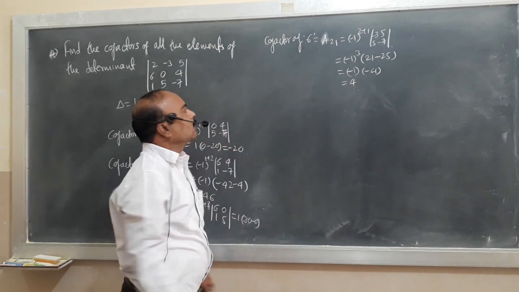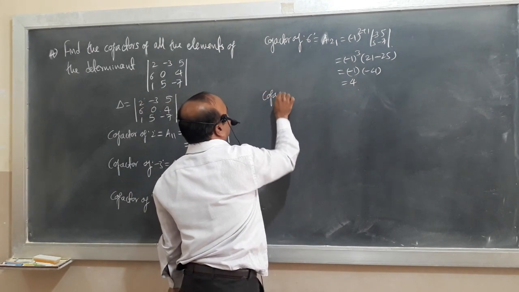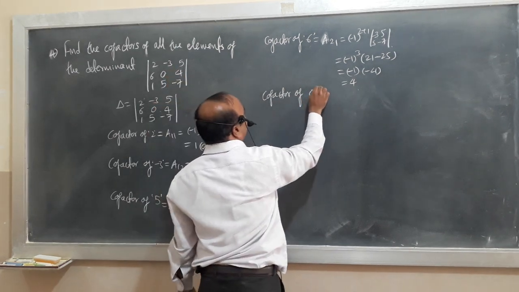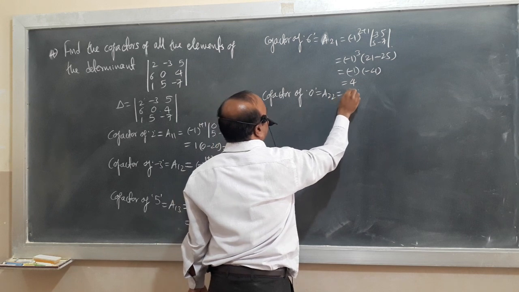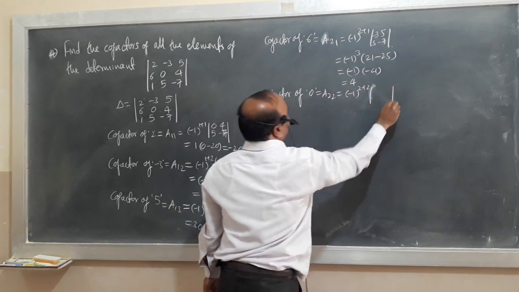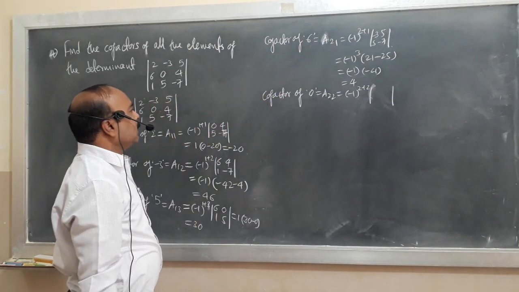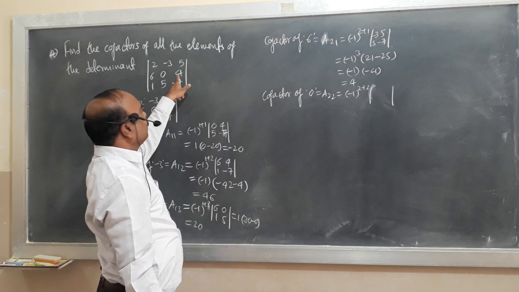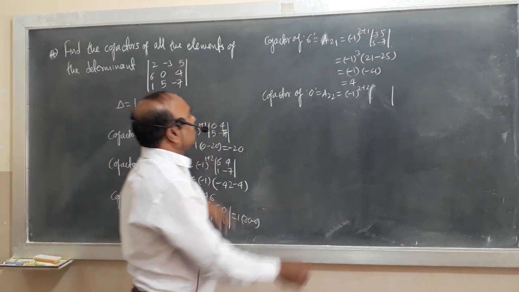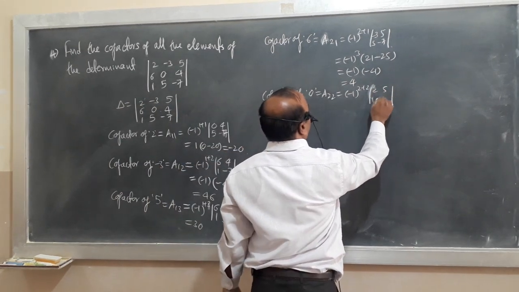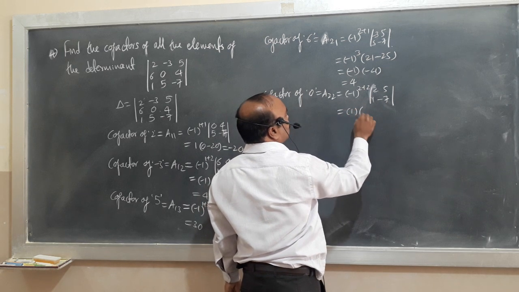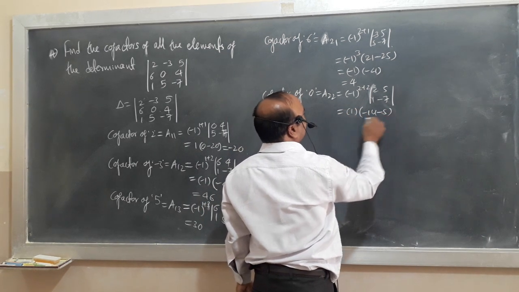It is 4. Next, the cofactor of the next element, 0. It is a22. It is equal to (-1) power 2+2 into the minor. For this element, deleting this column and this row, we get 2, 5; 1, -7. So this is (-1) power 4, which is 1, into (-14 - 5). It is -19.